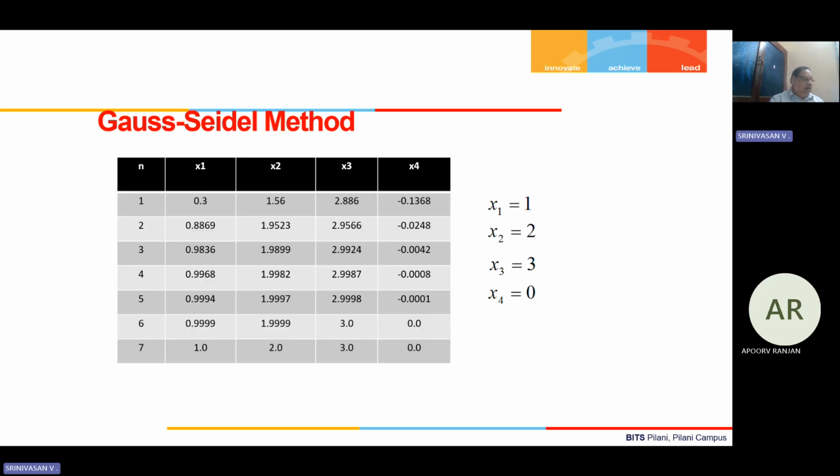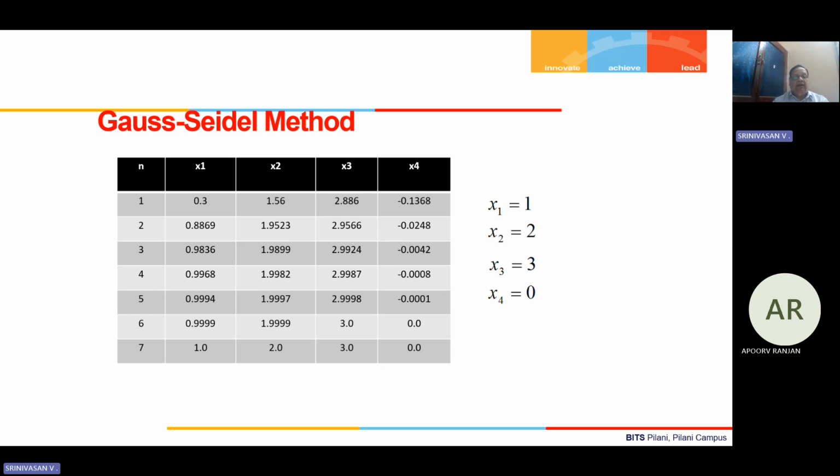Similarly, you go for the second iteration, third iteration, fourth iteration. The number of iterations you need is not restricted in your question, so you need to fine tune. You have to go for a better approximation, iteration after iteration, until you reach two iterations where you get almost the same values, converging to almost the same.